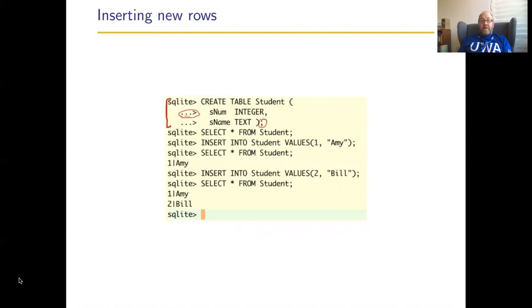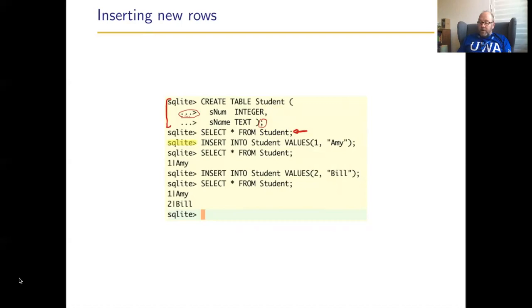So that created a table called student. Okay, select star from student. That's just a quick way of showing me all of the rows in that table. Well, I haven't entered any rows yet, so there's no output. And indeed, SQL does not produce any output, but just gives me the next prompt to start working with.